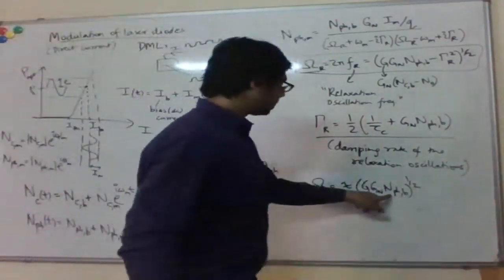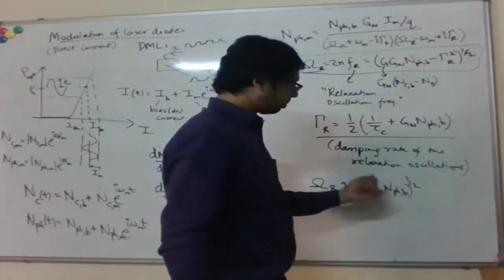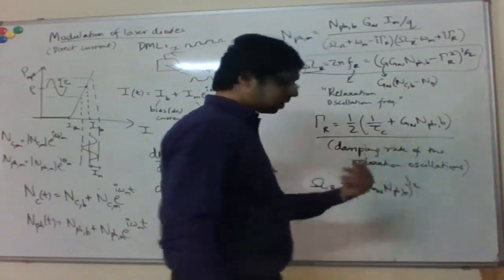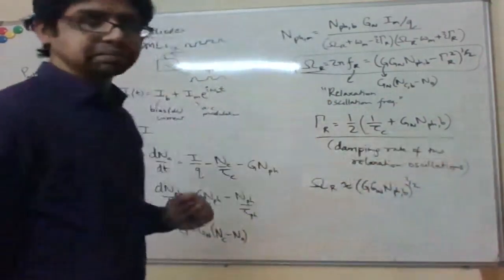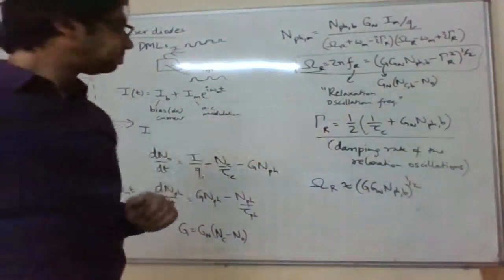And you can see that it scales as the square root of the photon number, or basically the square root of the bias current, or the square root of the optical power emitted, so the square root of the DC power being emitted.